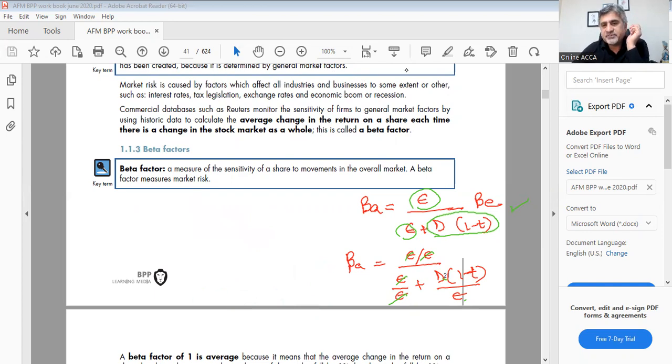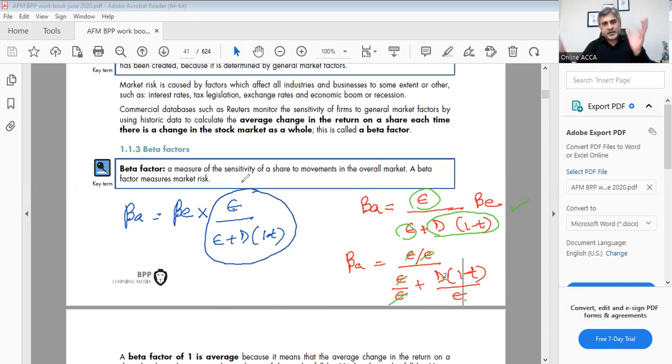Beta of asset, I say asset beta is a smaller value because it has only one risk, is equal to beta of equity multiplied by this: equity over equity plus debt into 1 minus T. So this is my proportion of equity within total capital.